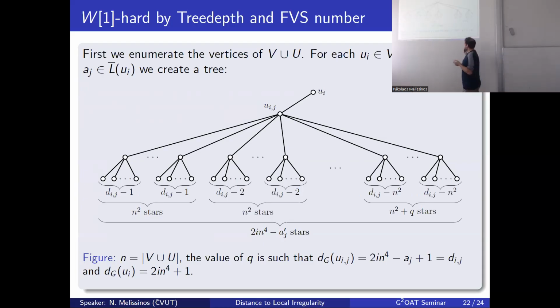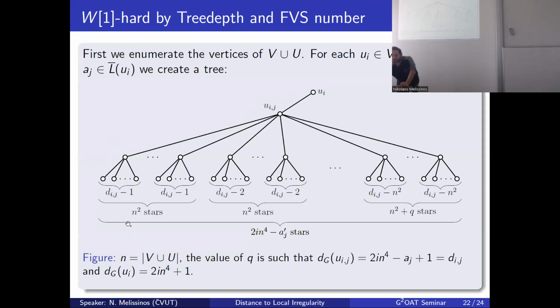And why this gadget is like this is because I want to force the deletions to be from my original graph. So here, if I'm not deleting edges from my original graph and I'm deleting from the gadget, what happens is that this vertex here, if you delete one edge that is incident to it, is forced to have the same degree as some vertex in the first set.